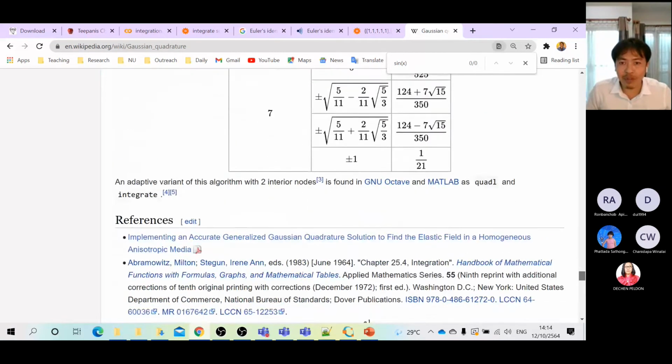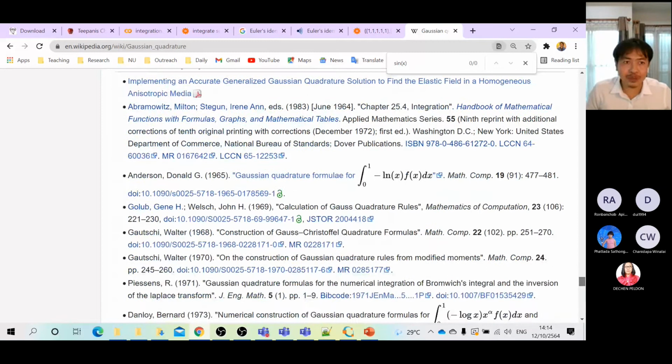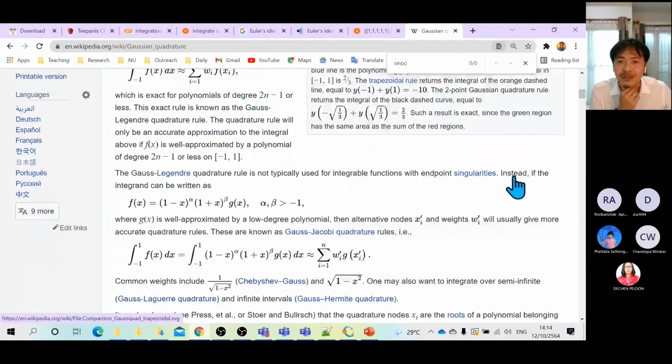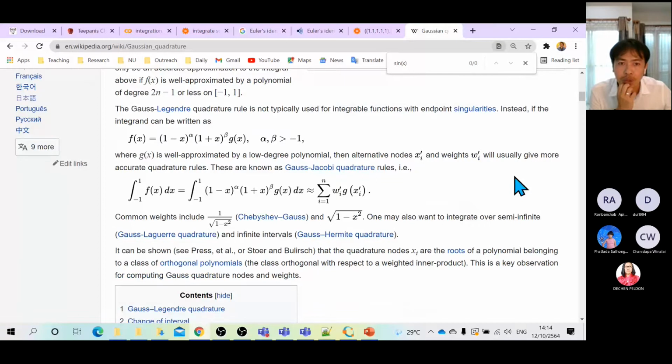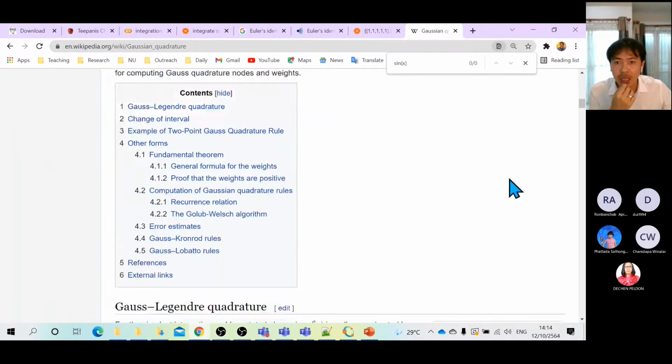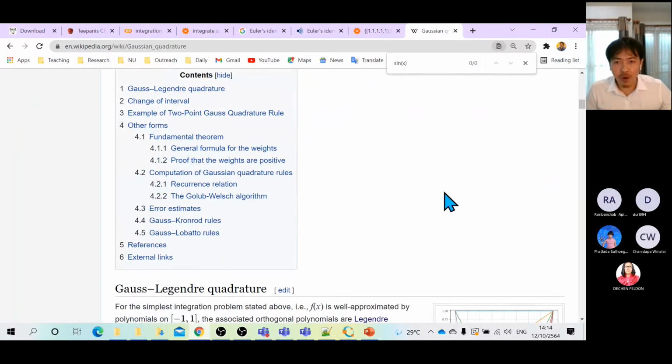I forgot the name of that quadrature. The name is somewhere in here, in the beginning. Oh, I'm sorry, I forgot. But there is one quadrature for sine and cosine function, and that will be very good if you integrate a periodic function.